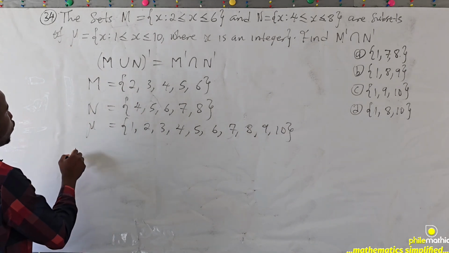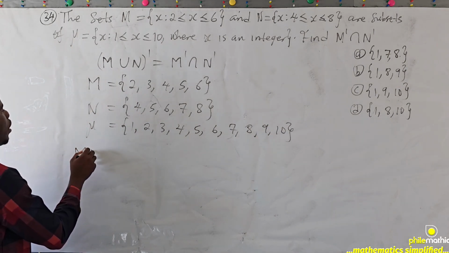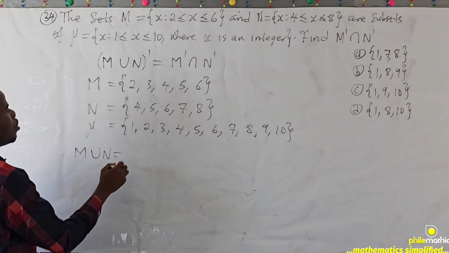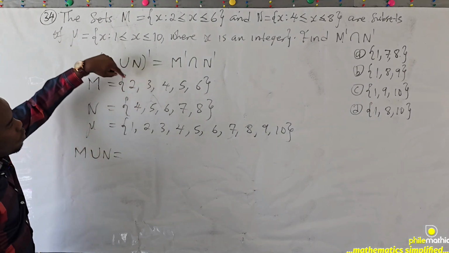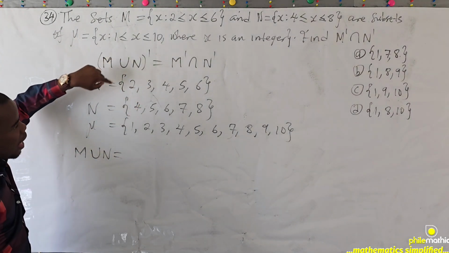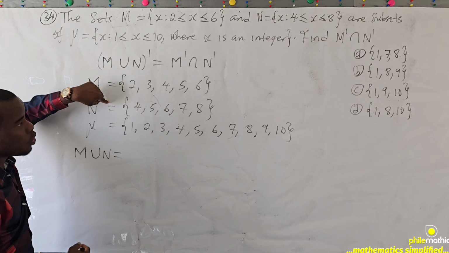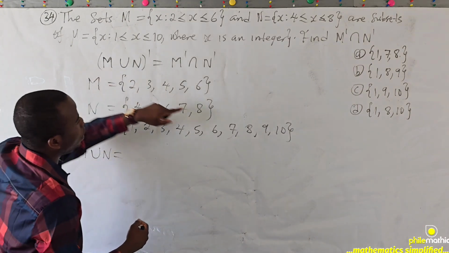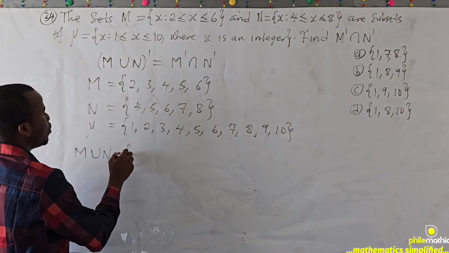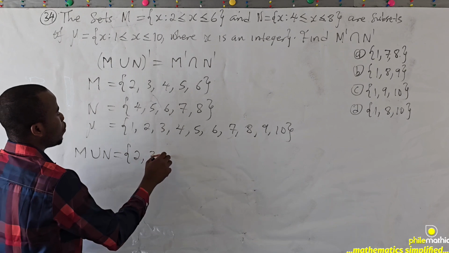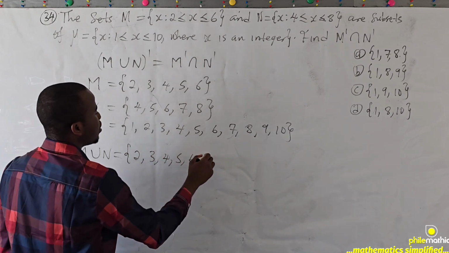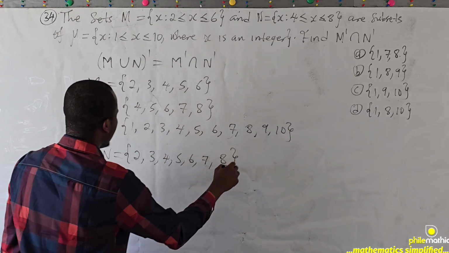So we first of all look for the union of M union N, which is the collection of the set M and N without repetition. So we start from 2 and we'll end at 8, which will be 2, 3, 4, 5, 6, 7, 8.